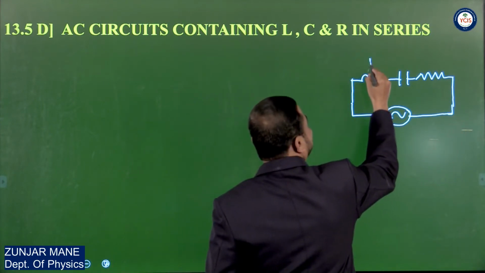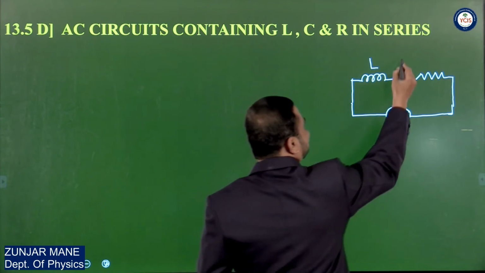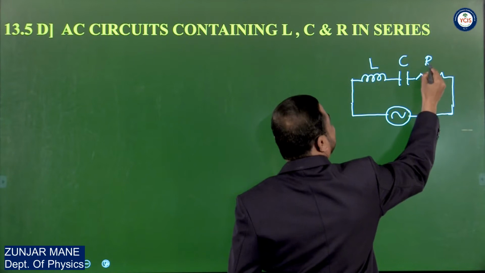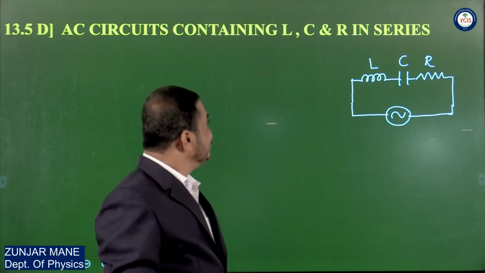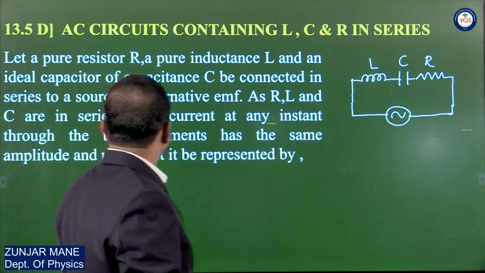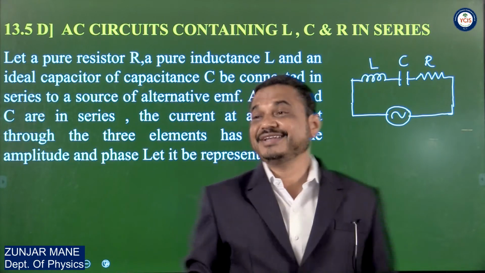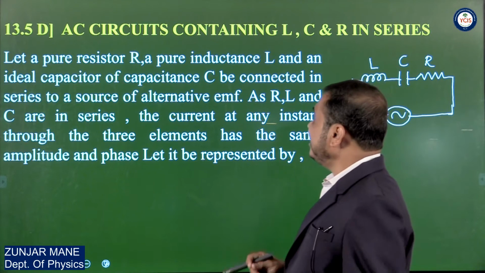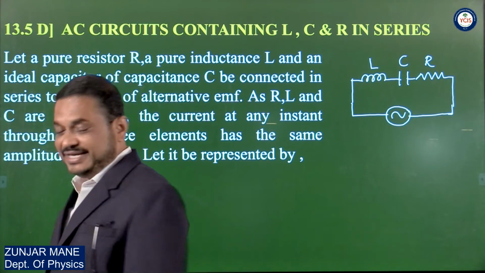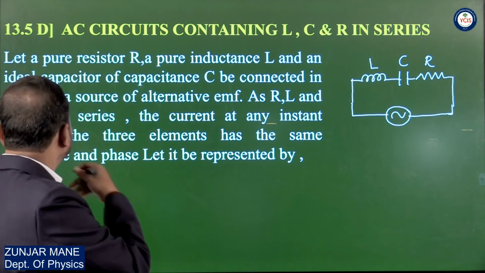Suppose this is an inductor of inductance L, a capacitor of capacitance C, and this is the resistance R. So all these components are connected in series. Let a pure resistor R, a pure inductor L and an ideal capacitor of capacitance C be connected in series as shown in the figure.